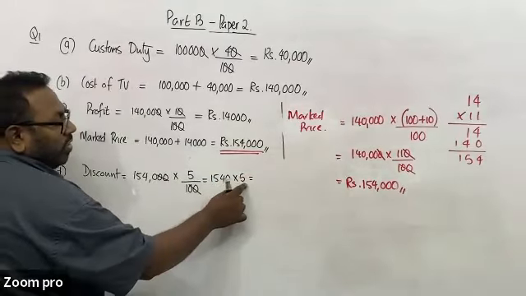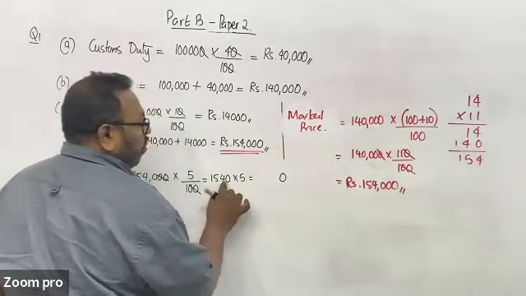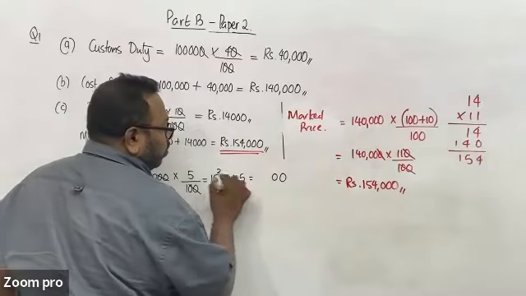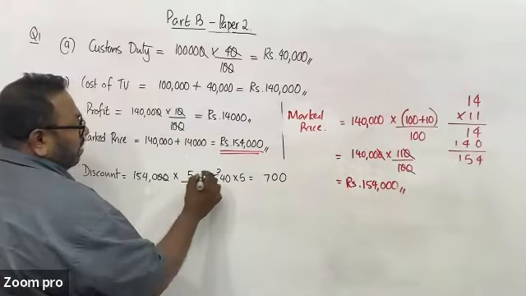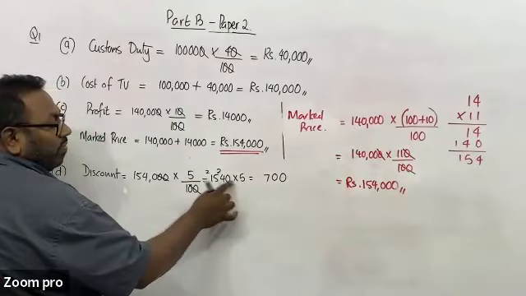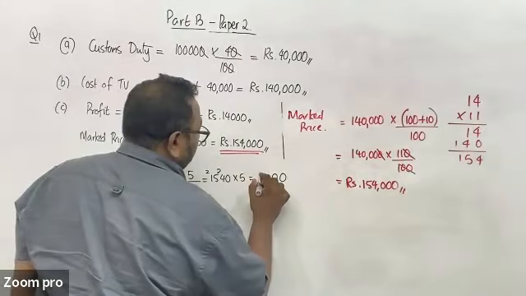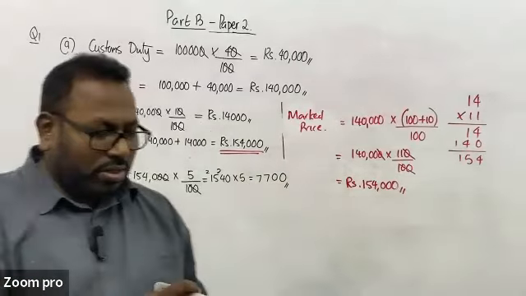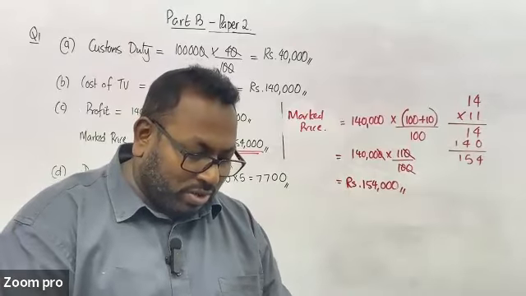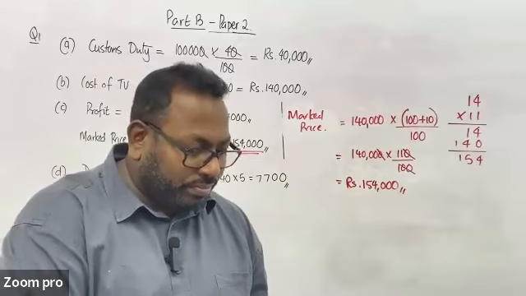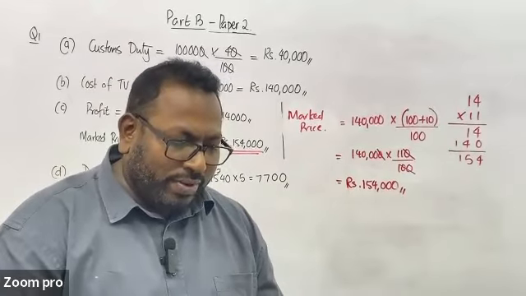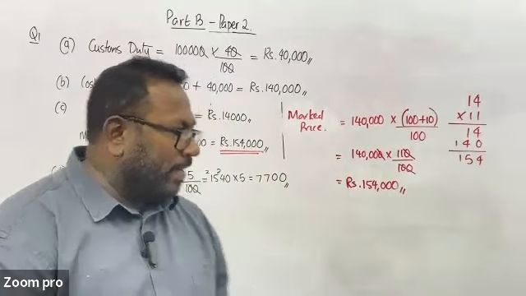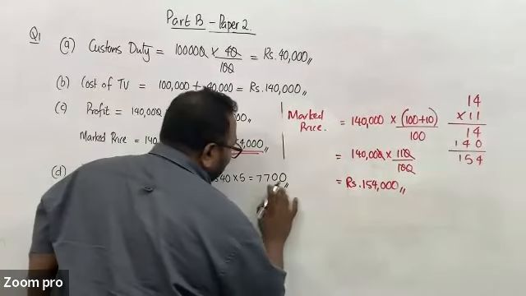How much is that? 0 into 5 is 0. 4 into 5 is 20. 5 into 5 is 25 plus 2, 27. 1 into 5 is 5 plus 2, 7. 7,700. Okay. What is that discount? 7,700. Is that clear? Any questions there? Any questions? Right.